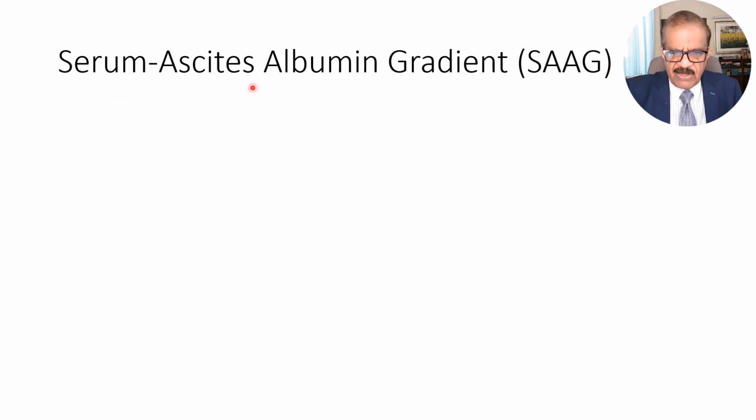The albumin in the serum and the albumin in the ascitic fluid in the same individual, and the difference, that is the gradient. So we determine that person's serum albumin, and we also determine the albumin in the ascitic fluid and see the difference. That will tell us if the cause of this ascites is portal hypertension, which is an inherent feature of cirrhosis, or it is something else.